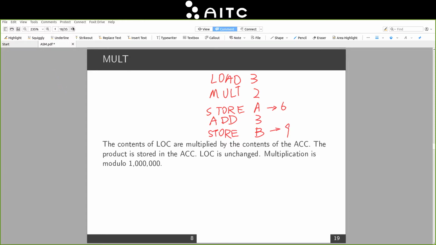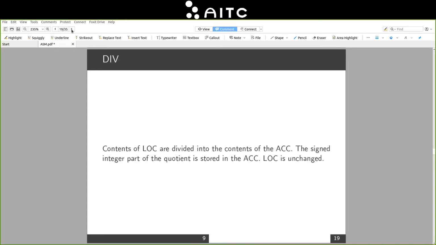Oh, DIV. DIV is the abbreviation of division. It is the counter operation of multiplication, and it means the contents of LOC are divided into the contents of the ACC. The signed integer part of the quotient is stored in the ACC. LOC is unchanged. Let's have a look.